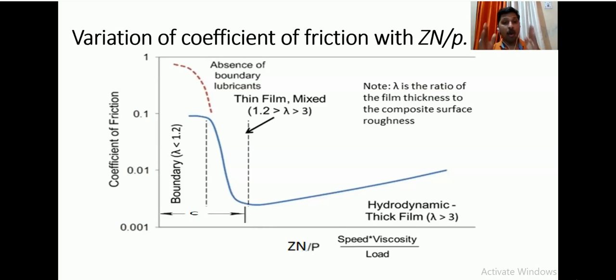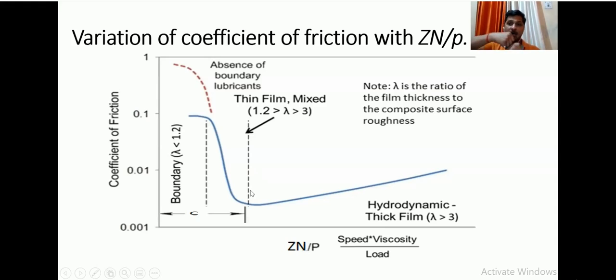And we always want to run our bearing in the condition of completely developed hydrodynamic lubrication. Why is it so? Because we never want metal to metal contact. If we run our bearing in this region, for the value of the bearing characteristic number in this region, then what will happen?